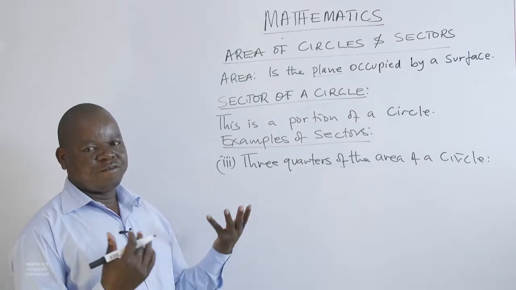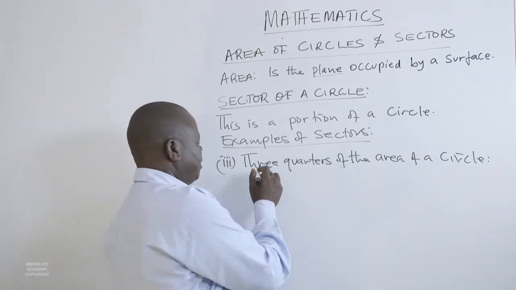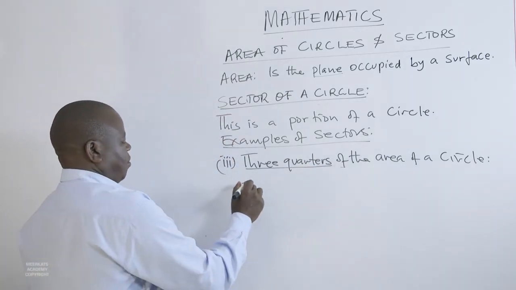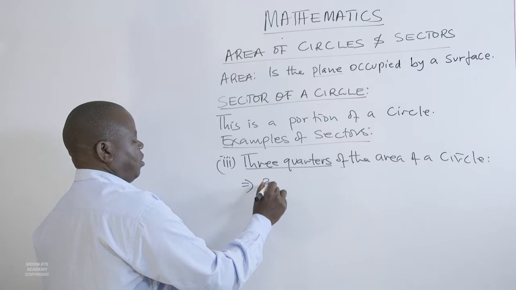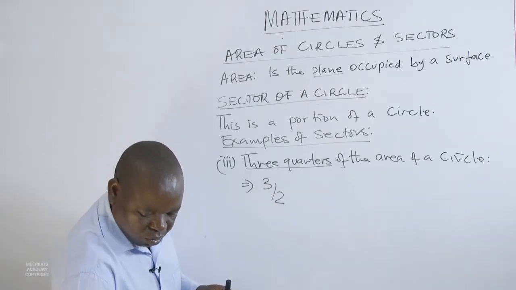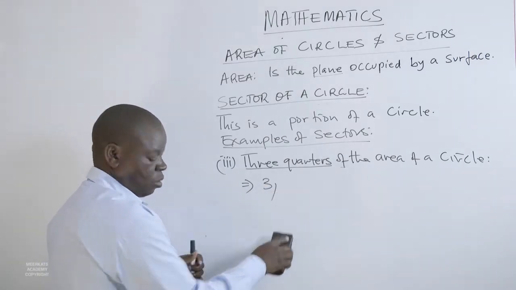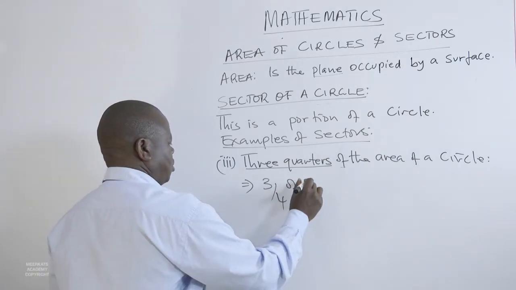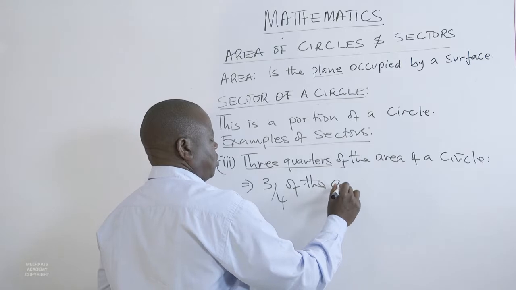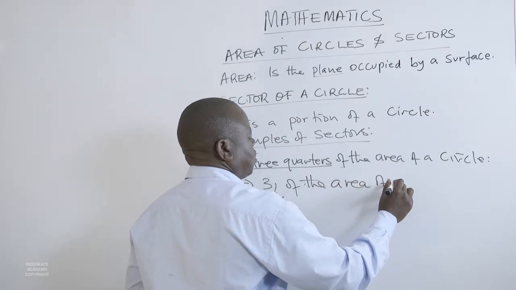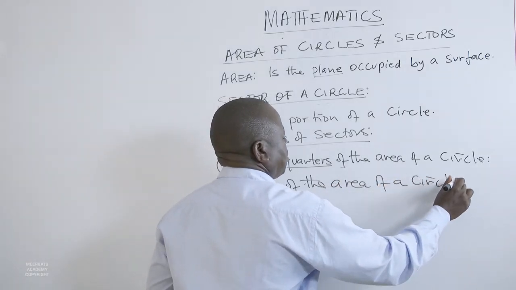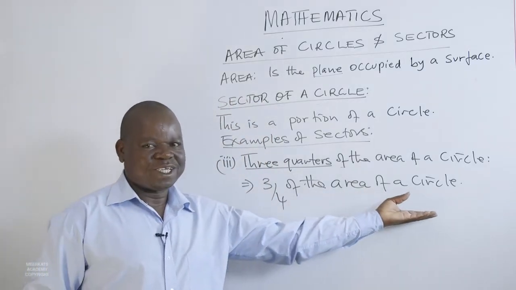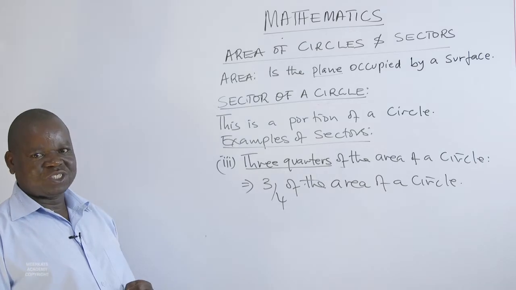This means we have 3 quarters, just from the word three of the quarters. So it's basically 3/4 of the area of a circle in a mathematical connotation.